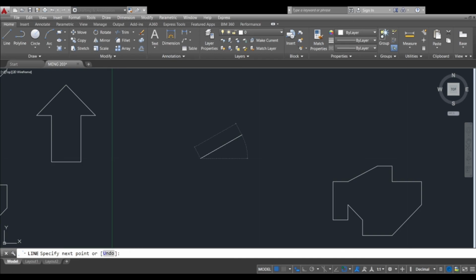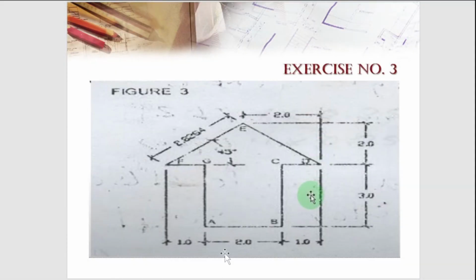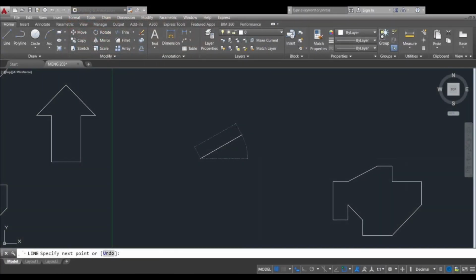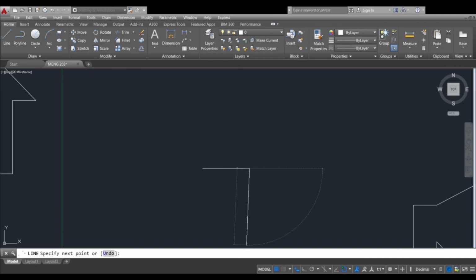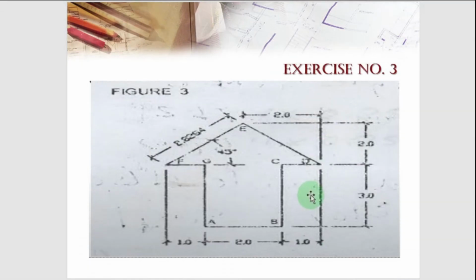So looking at the figure, going to B, we have 2 units going to the right, and our angle is 0. So that is at 2 angle 0. Next point is B going to C. So we have 3 units upward.